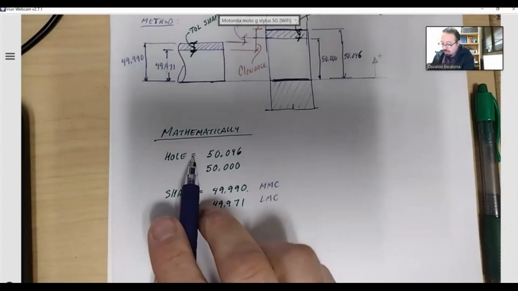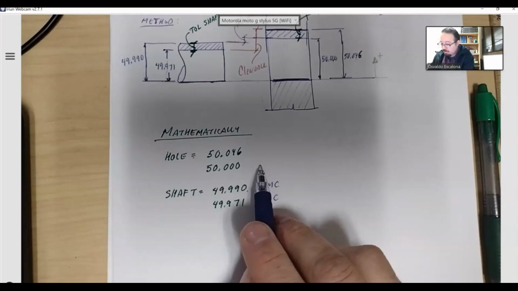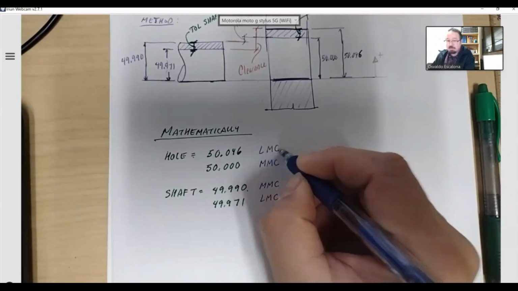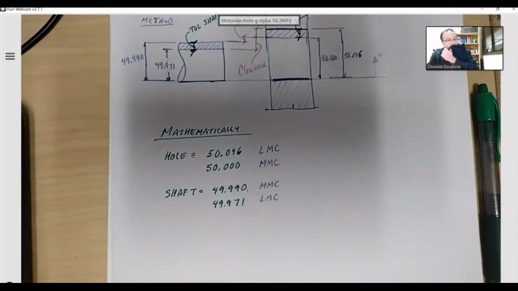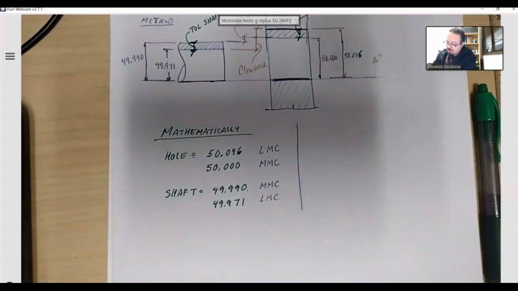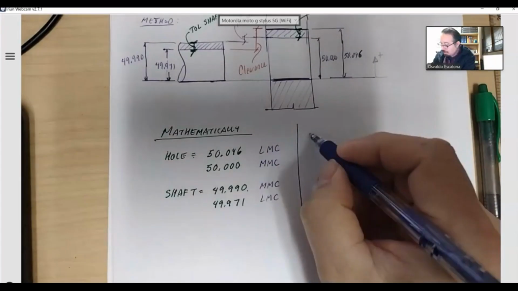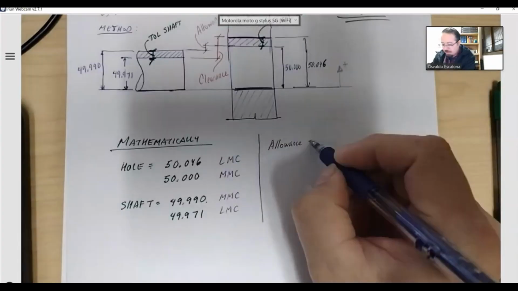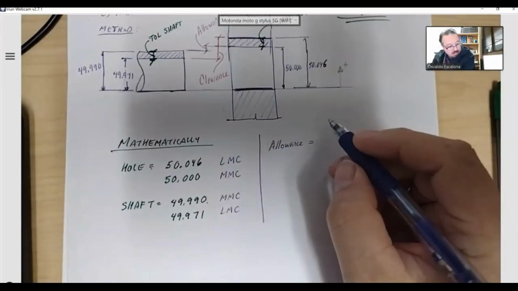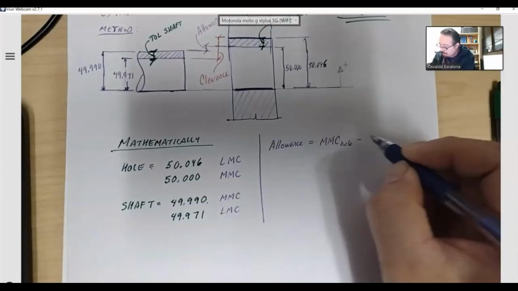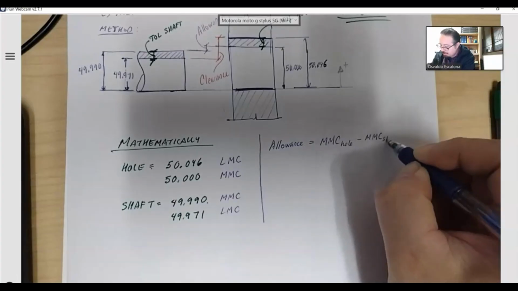For the hole, I have the most material when my hole is the smallest, and the least material when my hole gets the biggest. Now, mathematically, how can I find the allowance? You find it by taking the MMC of the hole minus the MMC of the shaft.